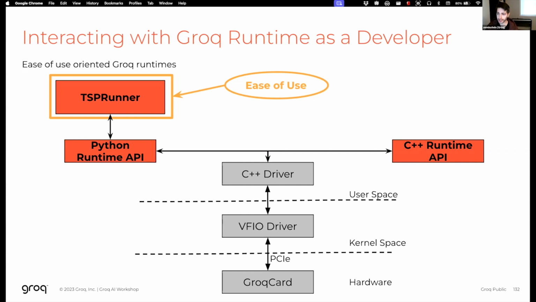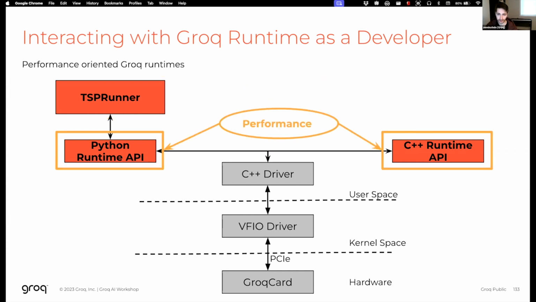So if performance is something you're after, then you'll probably need to use one of the runtimes that are highlighted on this next slide, which are just the base Python or C++ runtime APIs. Both of these lower level APIs give you more control over your model's performance on our hardware and really allow you to extract the most performance while running on our hardware.